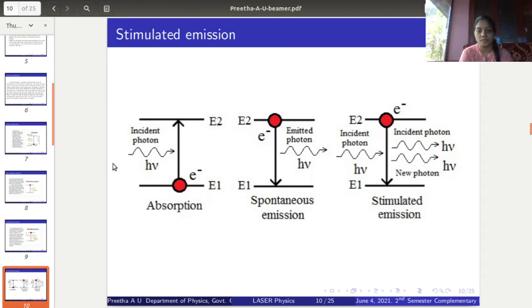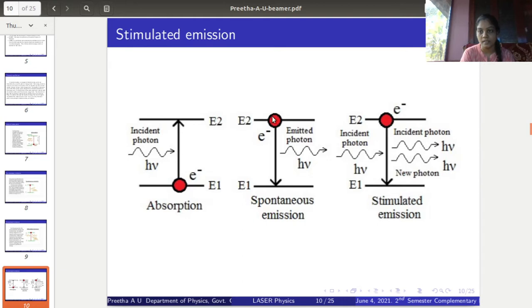Here I have shown these three processes together in a single picture. This is induced absorption. Here the ground state atom absorbs a photon of energy h nu and gets excited to the higher energy level. The spontaneous emission is that excited state atoms cannot stay for a long time in the excited energy level.